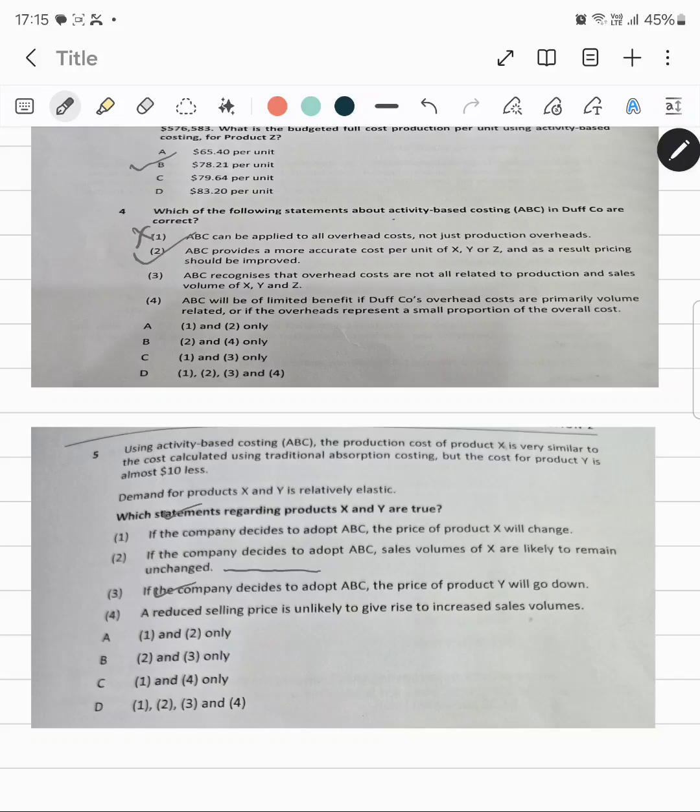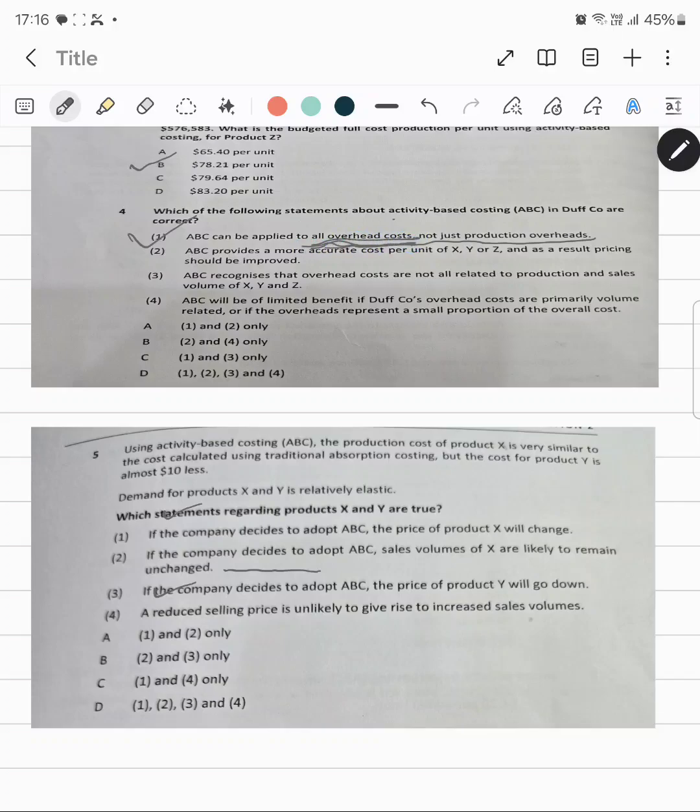For third, ABC recognizes that overhead costs are not all related to the production and sales volume of X, Y, and Z. So after reading statement 3, I feel even the first part is also correct, because it is saying not just the production overheads but all overheads.